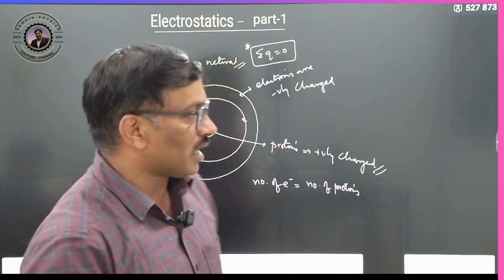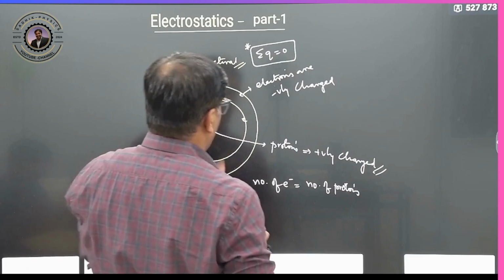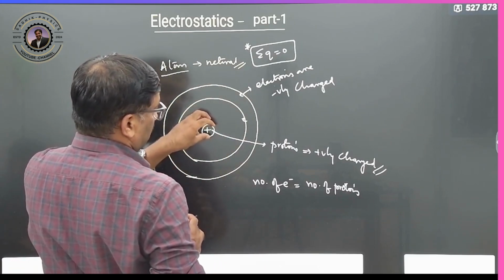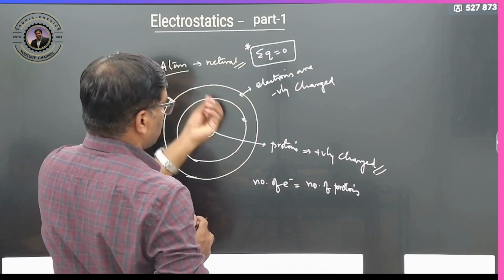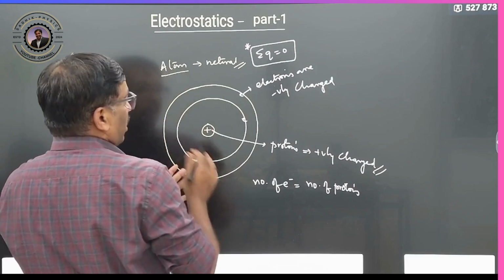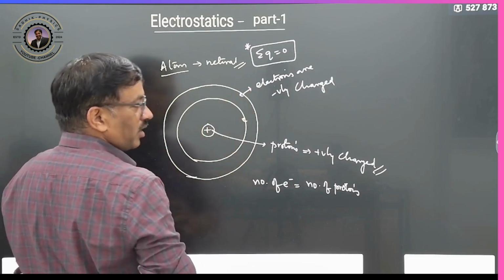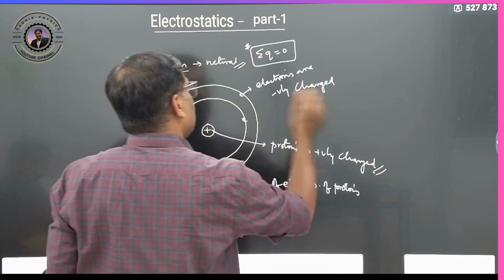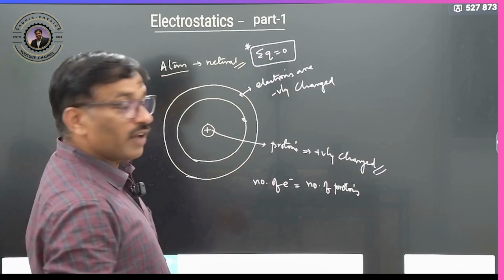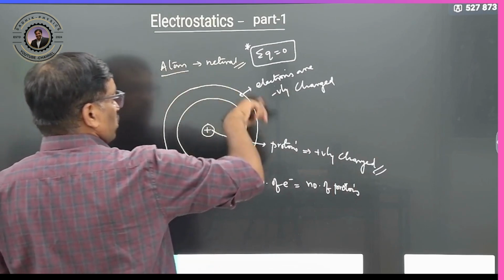How can the atom become charged? The protons in the nucleus are impossible to remove. So what we can do is this: due to rubbing, the electrons, which are weakly attracted, can be easily removed and easily added. Therefore only electron motion takes place here.